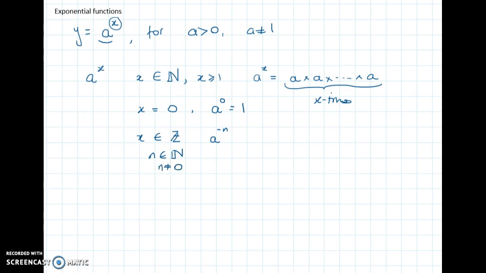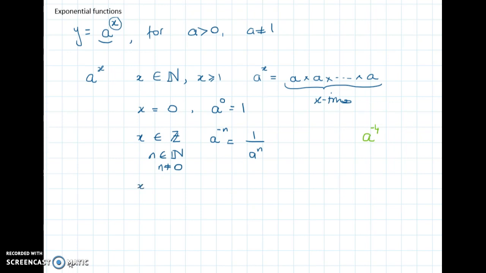We already know how to do a to the power of 0. So this would be like finding what is a to the power of minus 4, for instance. And the definition for this is that this is the reciprocal of a to the power of n. So far, we know how to do a to the power of x if x is an integer number. The natural numbers are inside, so I don't need to mention that.